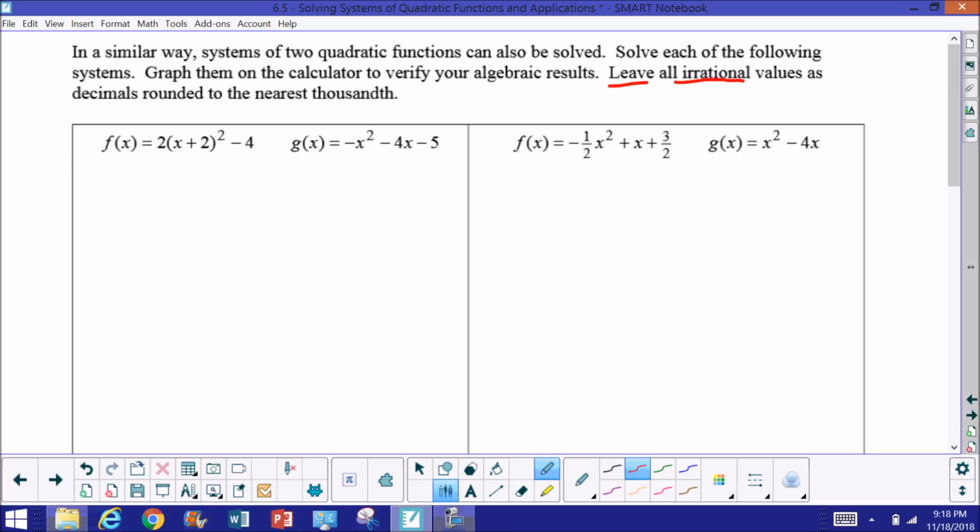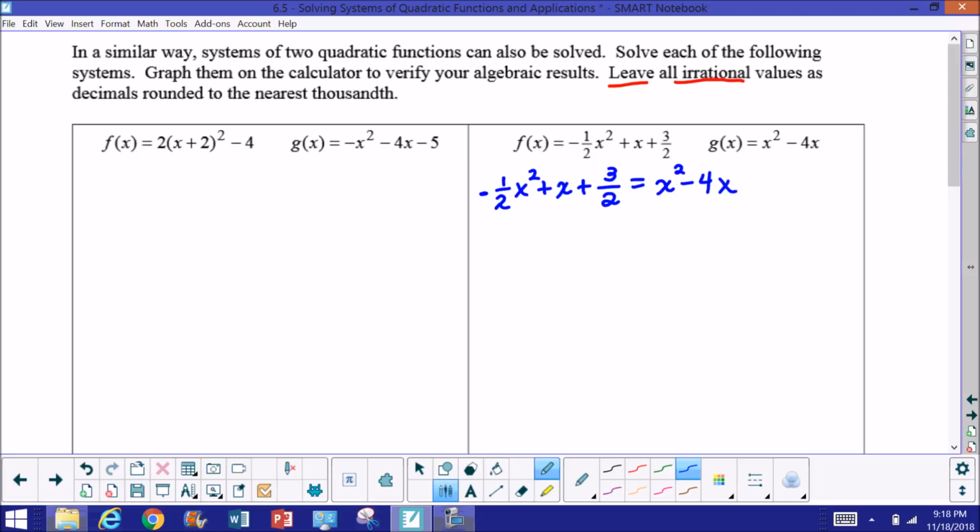Now, in this particular instance, once again, you have your two equations that are both set equal to some form of f of x. So we're going to allow ourselves the liberty to set the two equal to one another. So we'd have -1/2 x squared plus x plus 3/2 set equal to x squared minus 4x.